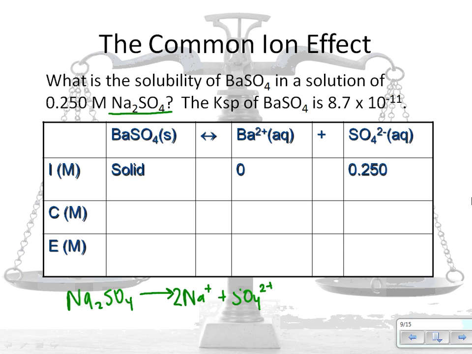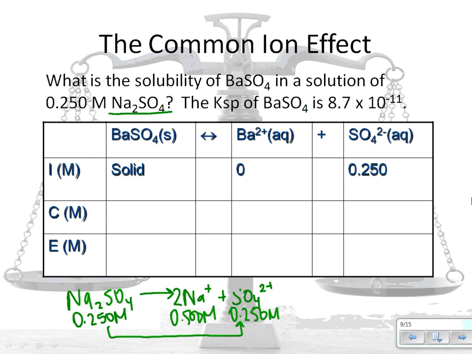Okay, so if I start off with 0.250 molar of that, it means I end up with 0.250 molar of my sulfate ions and double, so 0.500 molar of sodium.